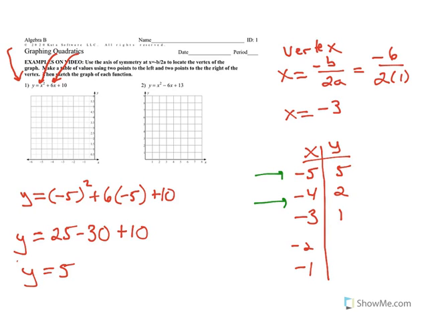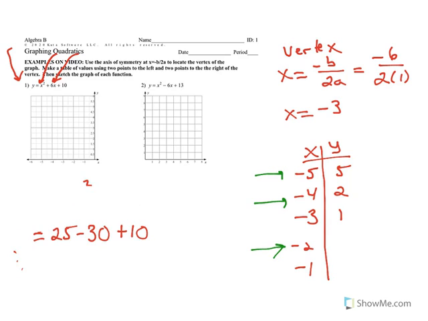And let's go do where x is -2. So y equals negative 2 is going to go in for x, so it's going to be negative 2 squared plus 6 times negative 2 for x plus 10.